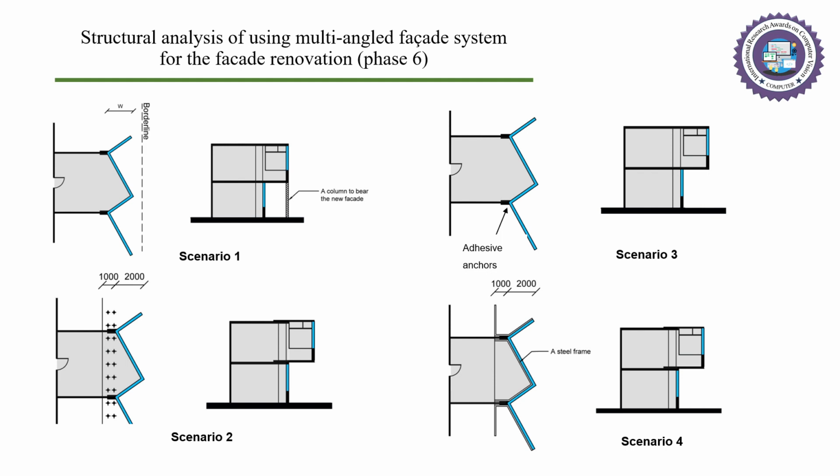Scenario 2, the slab of the new facade overlaps the old slab above it or below it and is fixed with heavy bolts so it works as a cantilever. Scenario 3, adhesive anchors can be used to fix the new facade element to the columns of the old facade.